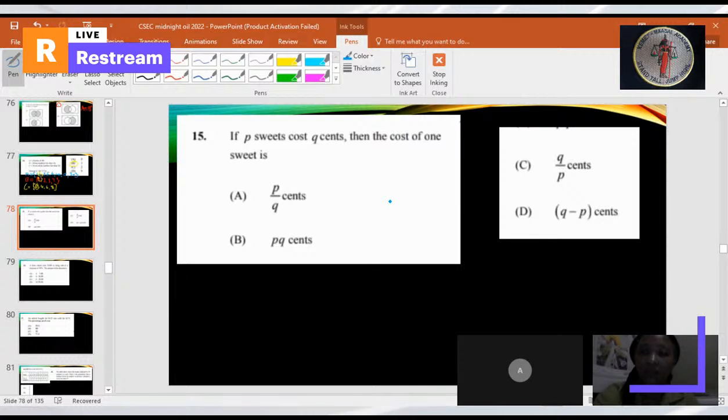Or would it be the $8 divided by 4? $2 each. So we're to divide the money by the number of items to see how much money for each item. So what would be the answer there? Q divided by P. Okay.